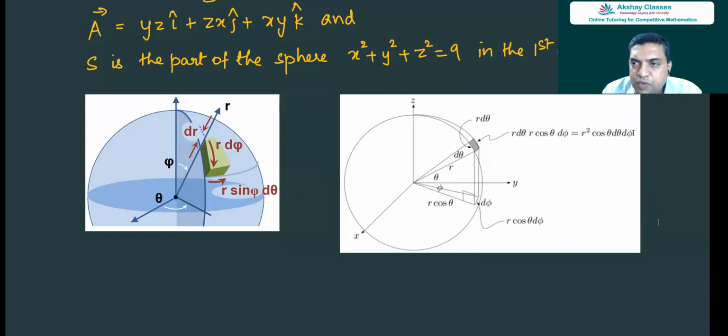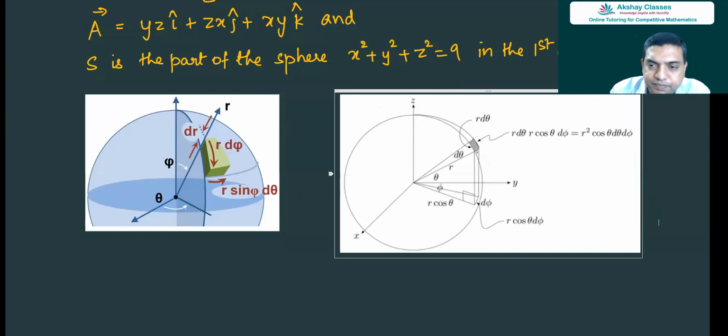So in spherical coordinates, at any point, r is the distance from the origin.